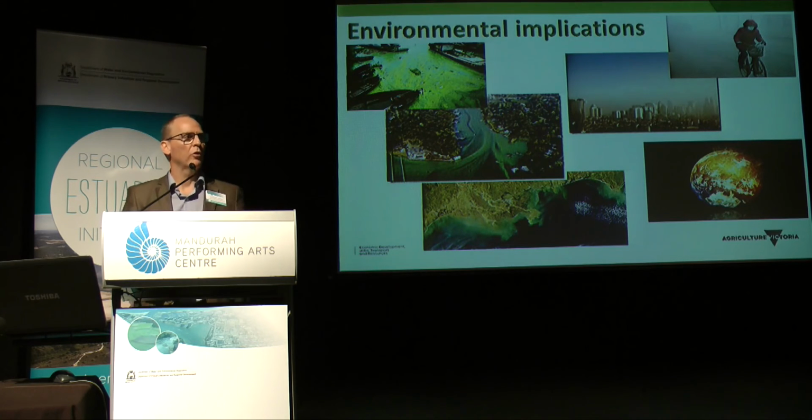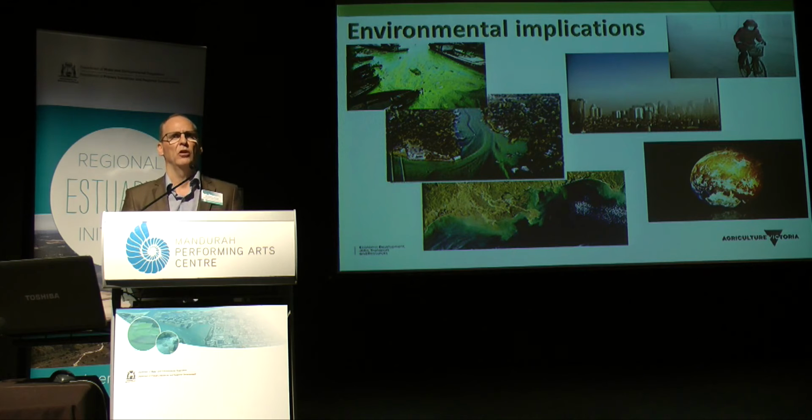So I'm really not going to talk much about the environmental implications. We've already heard in detail about some of those issues. We know about phosphorus and nitrogen and how it's moving into waterways at a range of scales. We know about nitrous oxide and the contributions that it's making as a potent greenhouse gas. We perhaps know a little less, or understand a little less, around the issues of nitrogen volatilisation in Australia.